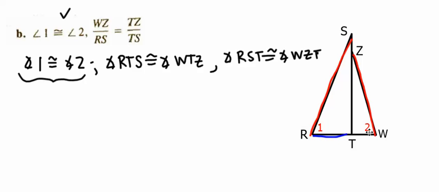We would need RT and WT. And that is not what they are giving us. So these would be the two sides that would need to be proportional.